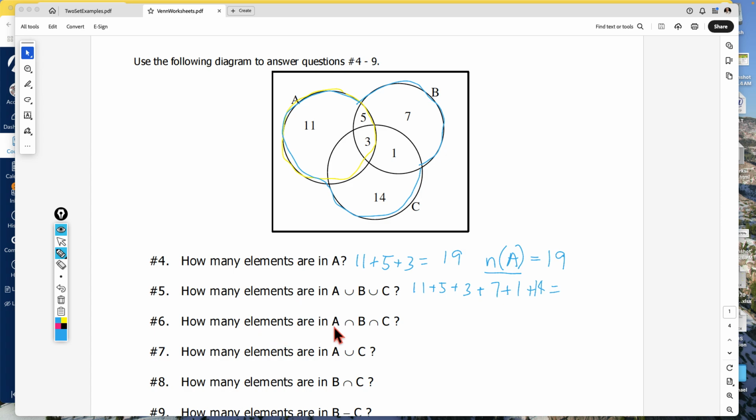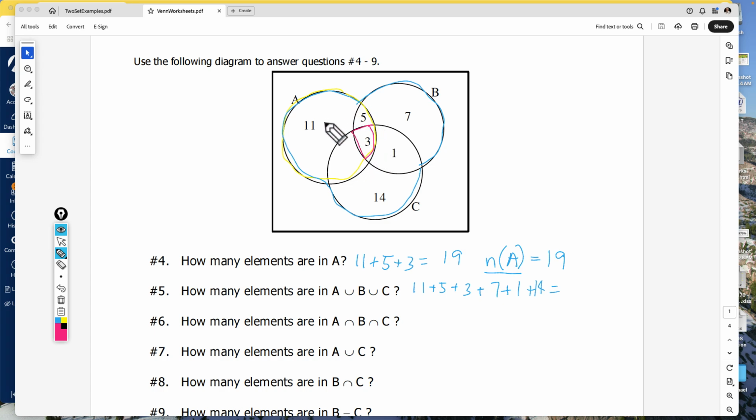How many elements are in A intersect B intersect C? So when we look at the intersection, where's that? It's the intersection of all 3. Would the 1 be an intersection? It would just be the 3.